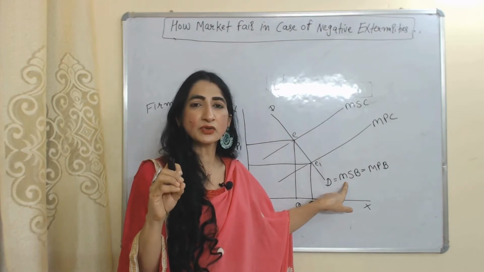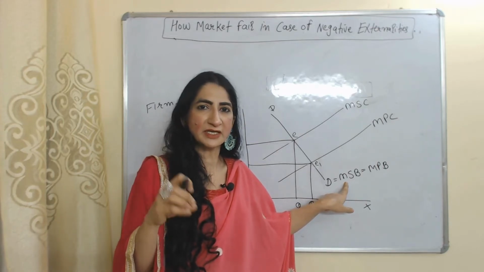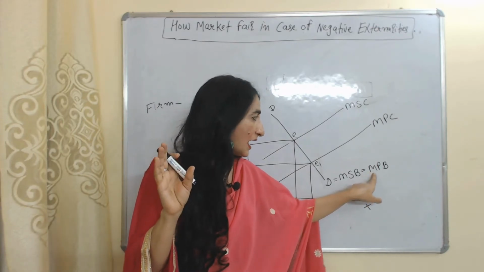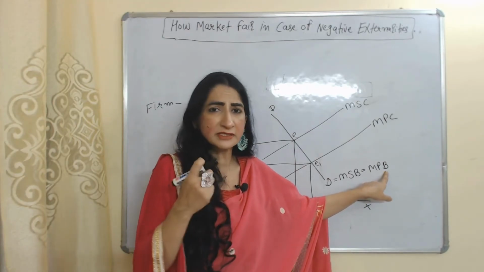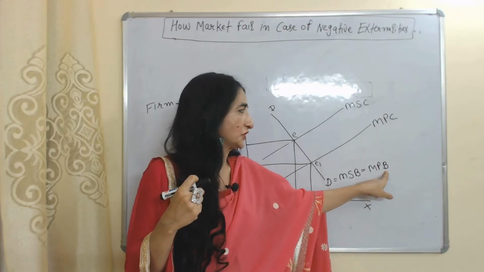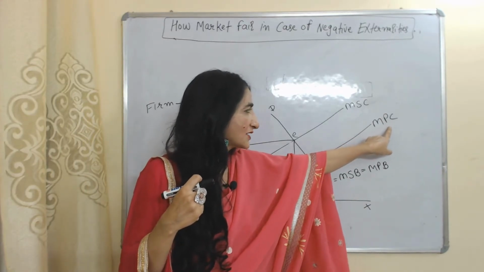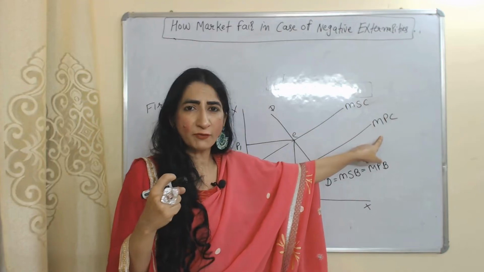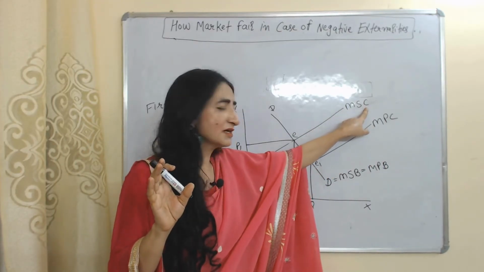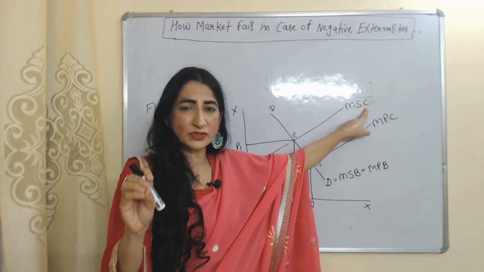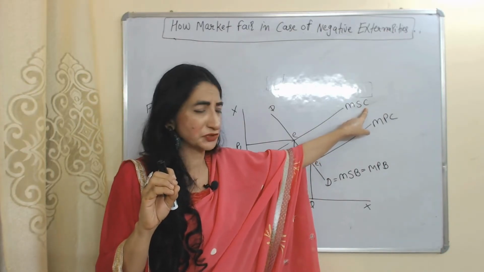MSB means marginal social benefit, the benefit to society because of the firm's production. MPB means marginal private benefit, the benefit to the firm which is generating environmental pollution. MPC is marginal private cost, the cost to the firm. MSC is marginal social cost, the cost to society because of environmental pollution.